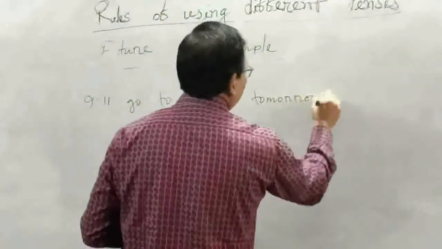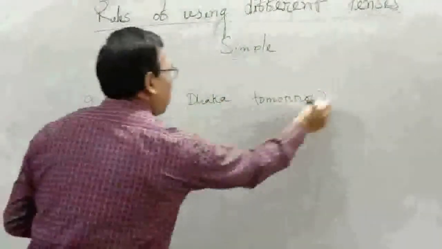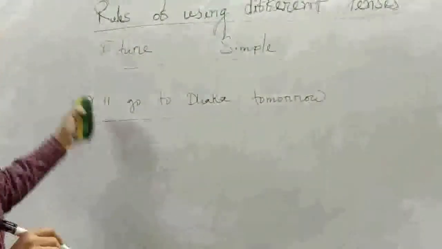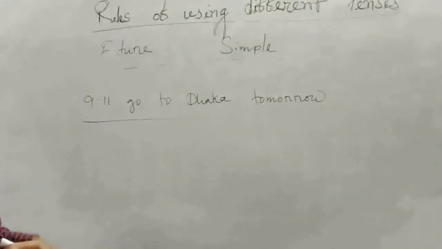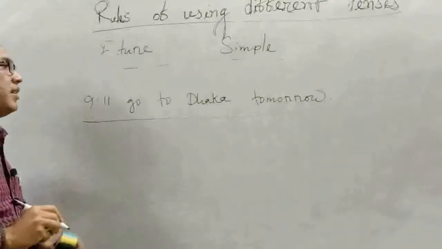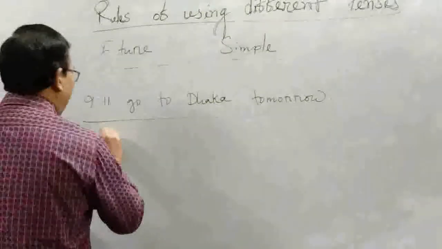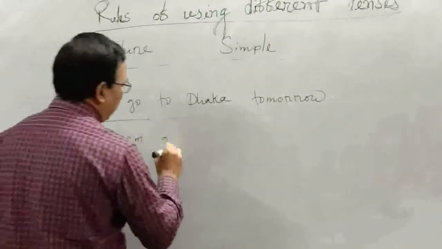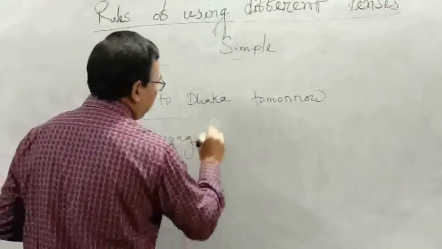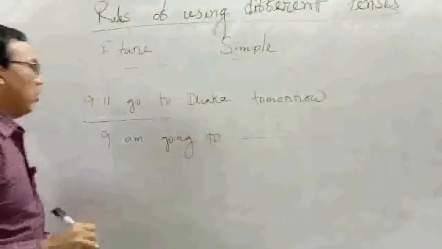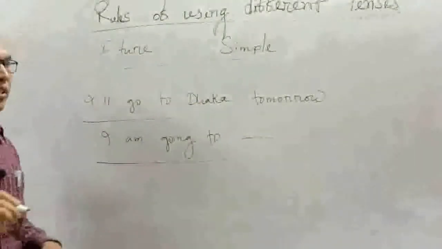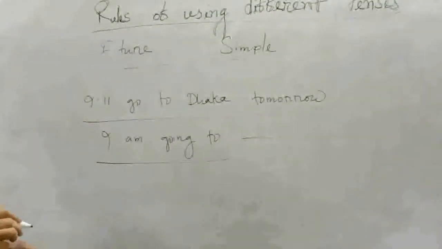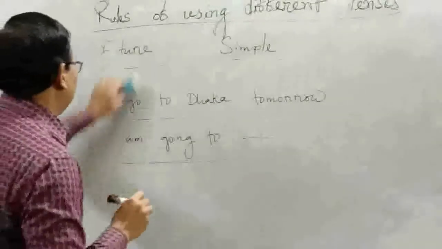This sentence is in future indefinite tense, but instead of future indefinite tense we can express this in present continuous tense: I am going to Dhaka tomorrow. So sometimes to mean the future expression, present continuous is used.